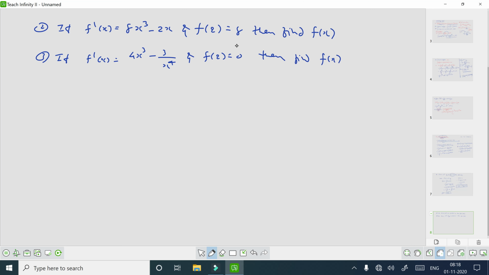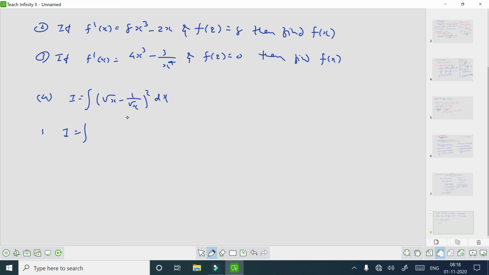I would like to also mention some more forms. I is equal to integral of root x minus 1 upon root x whole square into dx.